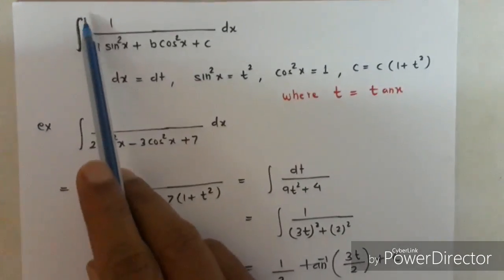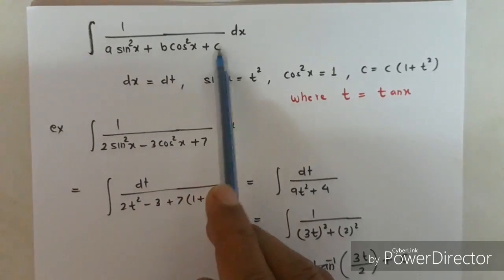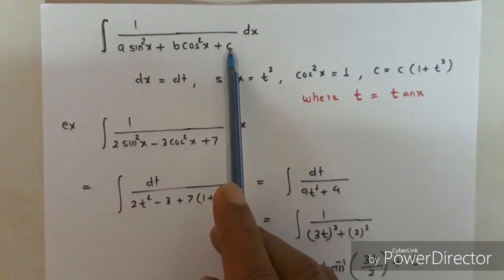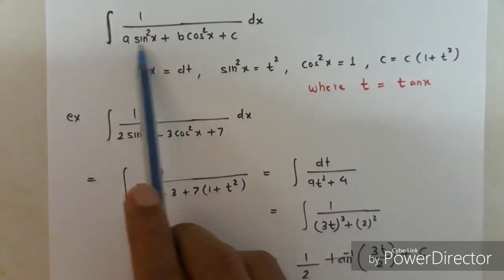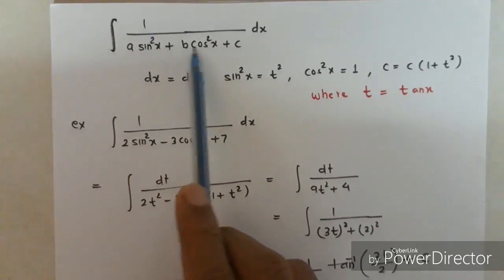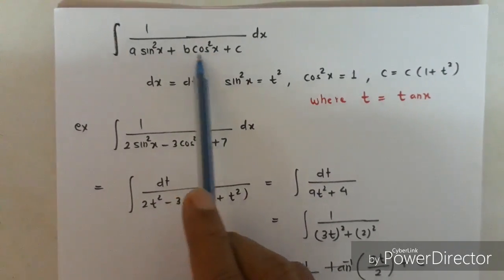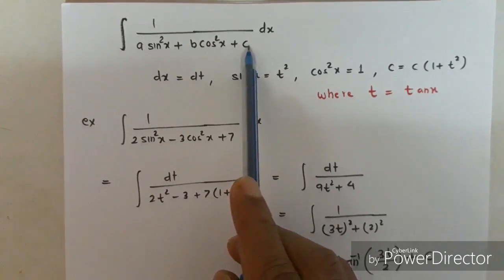Another very important question: integral 1 by (a sin square x plus b cos square x plus c) dx. Now out of these three terms in the denominator, any one may be missing. For example, if this is missing, it could be 1 by (cos square term plus constant), or this cos square term might be missing, so it will be 1 by (sin square plus constant).